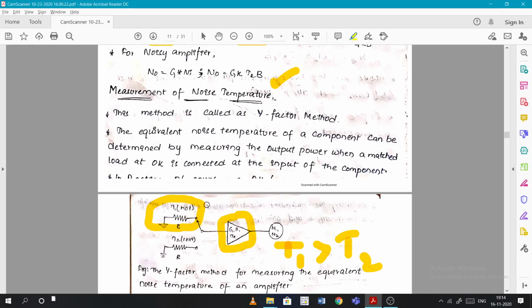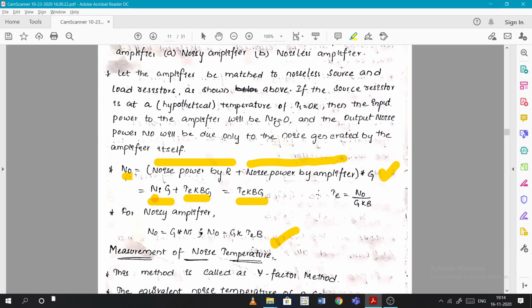These two are the practical things, so they will be added up. The noise generated by this resistor will be T1 KB into G, because as before, this noise plus this noise is entirely multiplied with G. What is the input by the resistor? T1 KB. What is the noise by this? TE KB, right?